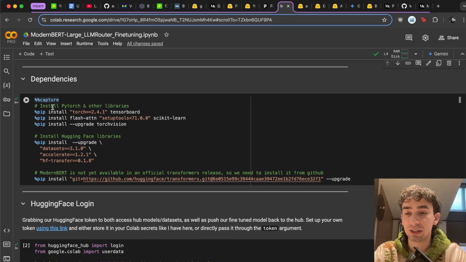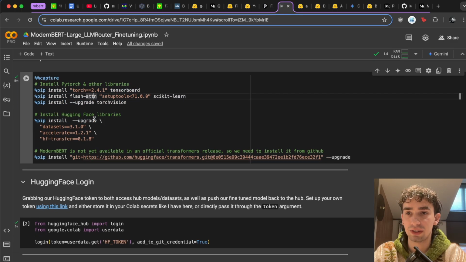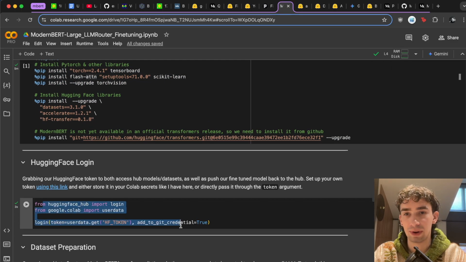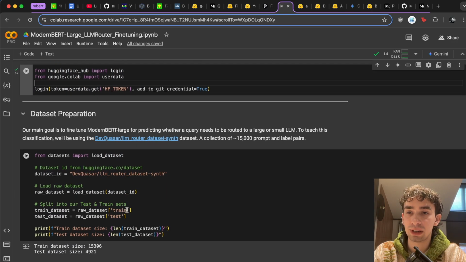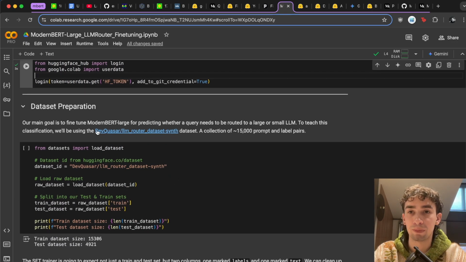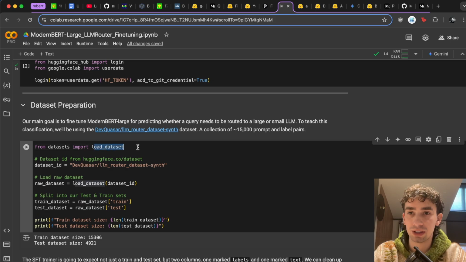So after installing the necessary packages here in this first cell and then doing the regular logging into Hugging Face with this, what we need to do is prepare our data set. So as mentioned and just shown, we're going to be using the LLM router dataset. And what we can do is use the Hugging Face datasets package to load this.